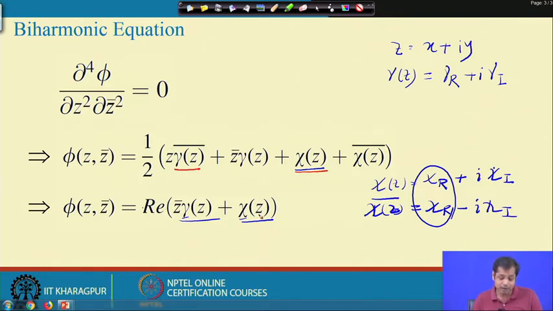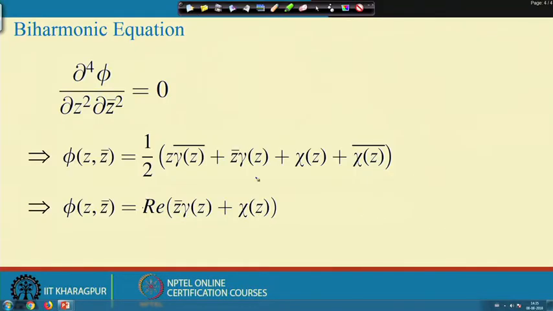So the problem is reduced to finding these two functions, and their associated constants are to be determined based on the boundary conditions. We will come to this point shortly.